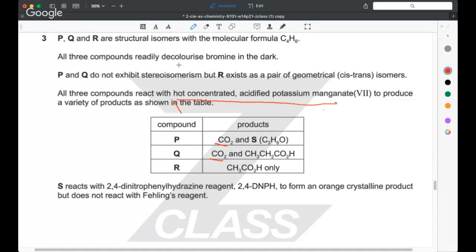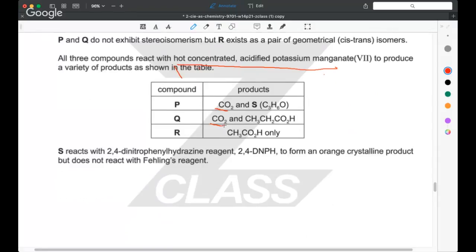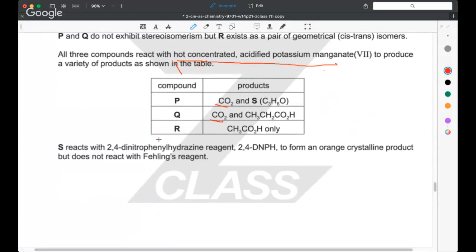Okay, all right. So if you work on all of that, you've got some other clues up here. Well, you know these compounds readily decolorize bromine, so that was our clue that we're working with alkenes, double bond. And we've worked out the reaction here with hot concentrated acidified potassium permanganate. 2,4-dinitrophenylhydrazine gives you these orange crystalline products with carbonyls, either an aldehyde or a ketone.